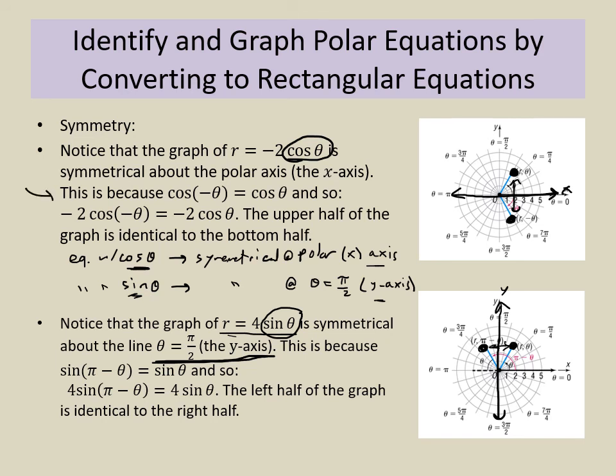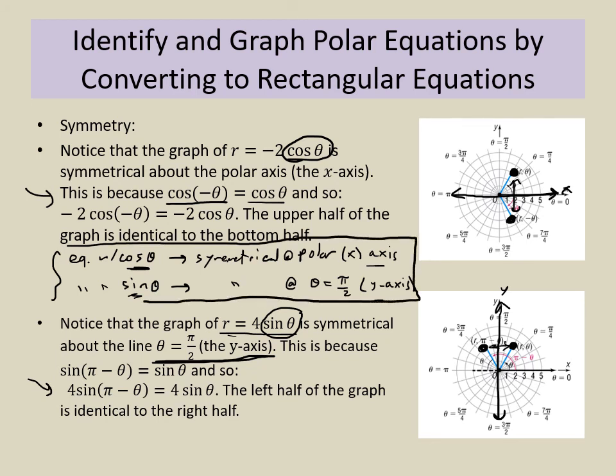This here is a brief explanation for why that is. You should check it out if you want to. This one here is because of the even-odd identity, or the even-odd property of cosine. We know that cosine of negative theta is the same as cosine of theta. So this is interesting. You can read it if you want to, but this right here is what I expect you to know.